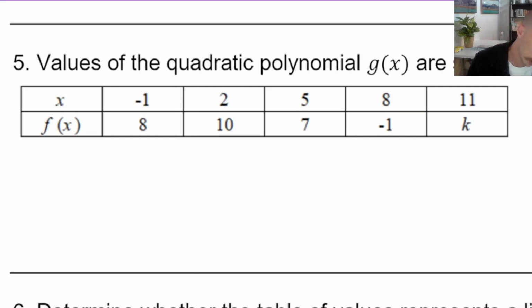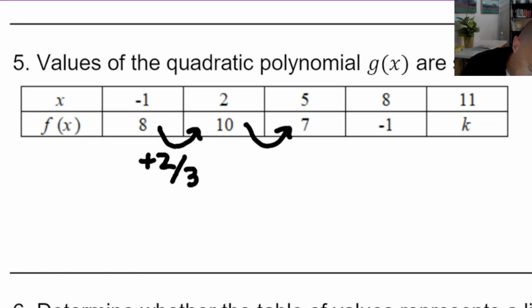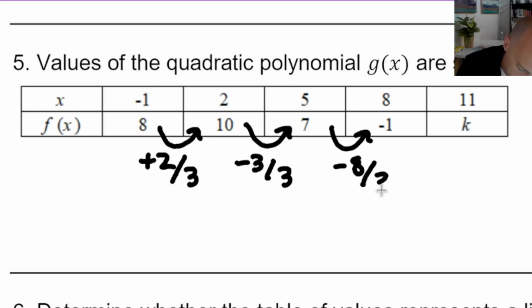We're looking at a quadratic table, so we're going to look at the average rate of change. To go from 8 to 10, we increased by 2 when x increased by 3. And then from 10 to 7, we decreased by 3 when x increased by 3. From 7 to -1, we decreased by 8 when x increased by 3.